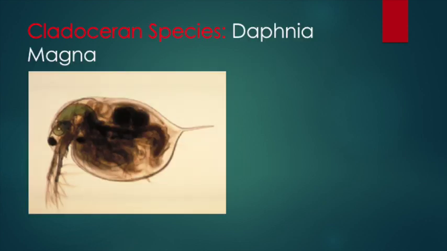So the first cladoceran species we'll be looking at is the Daphnia magna. Now, the Daphnia family of the cladocerans is one of the most widely studied and well-known zooplankton species or family. And like stated before, they really do look like water fleas.